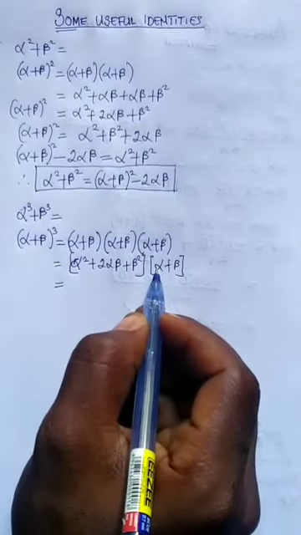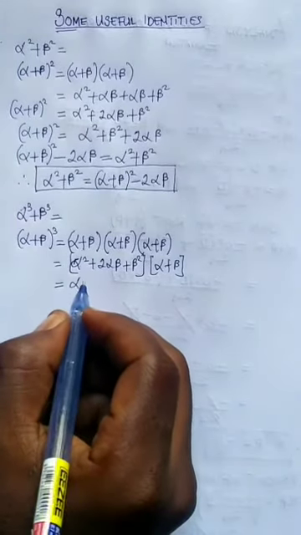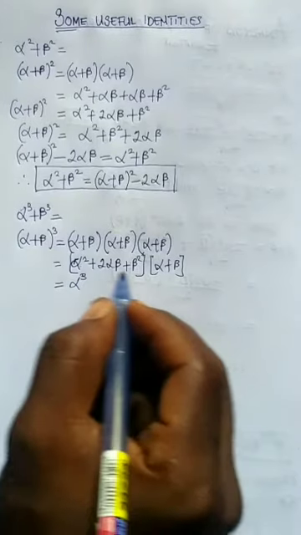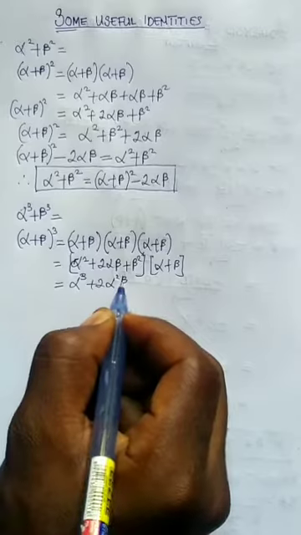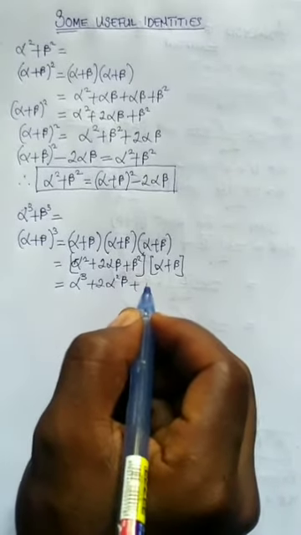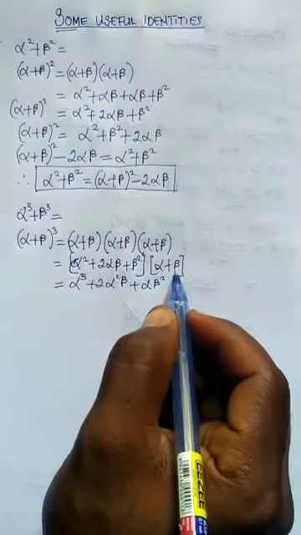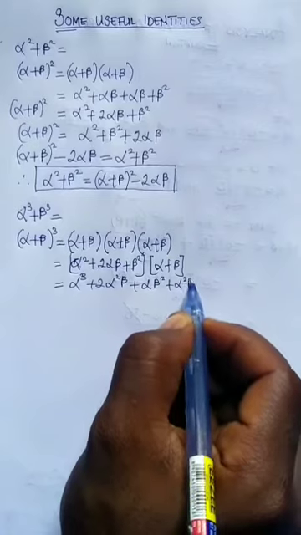Alpha times alpha square gives you alpha cube. Alpha times 2 alpha beta will give you 2 alpha square beta. Alpha times beta square will give you alpha beta square, right? Now beta times alpha square will give you plus alpha square beta.